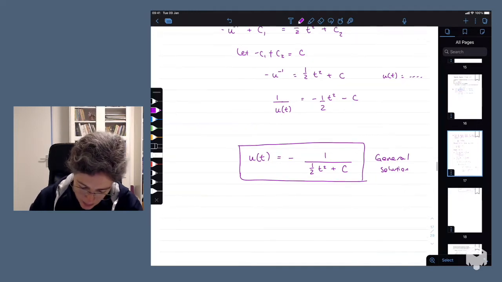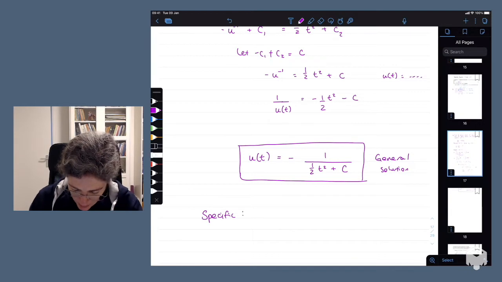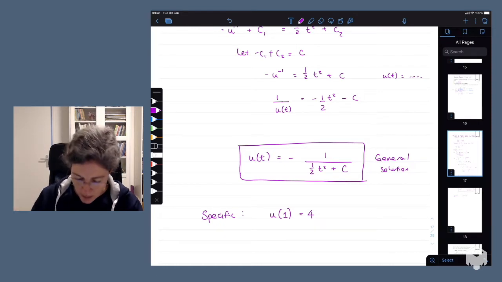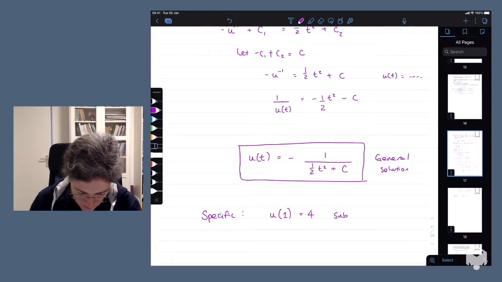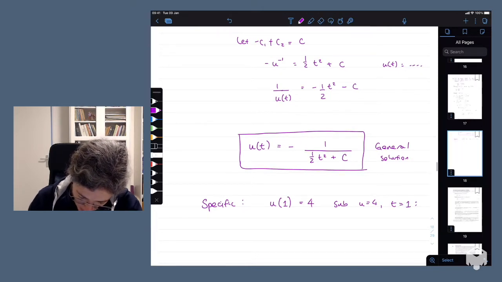If we want to find the specific solution, we wanted the solution where at time t equals 1, u is equal to 4. So we substitute in 1 and 4. We get 4 is equal to minus 1 over a half plus c.